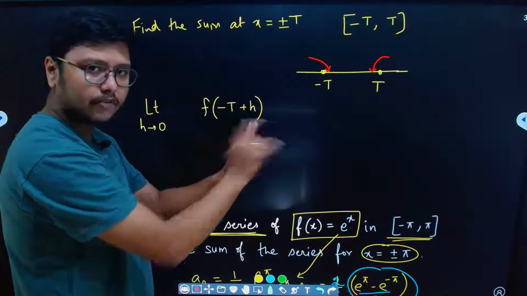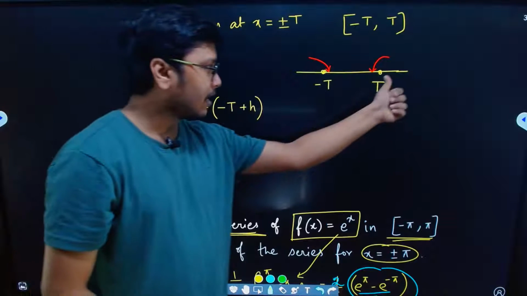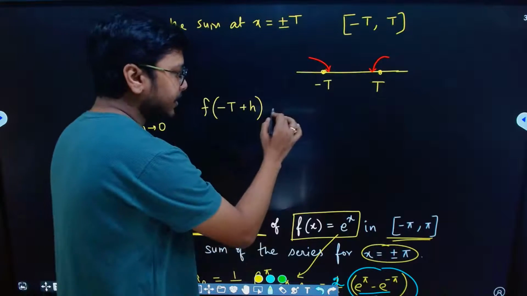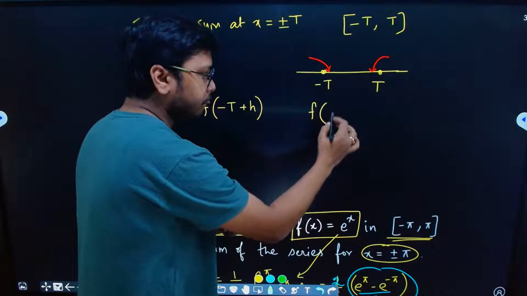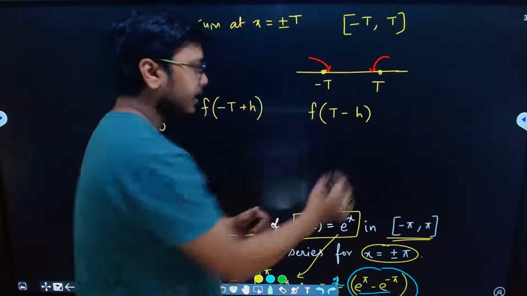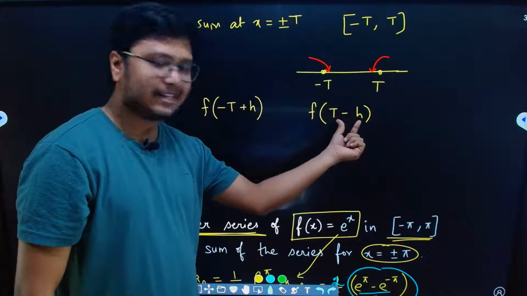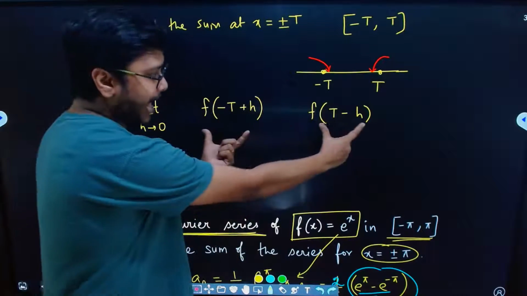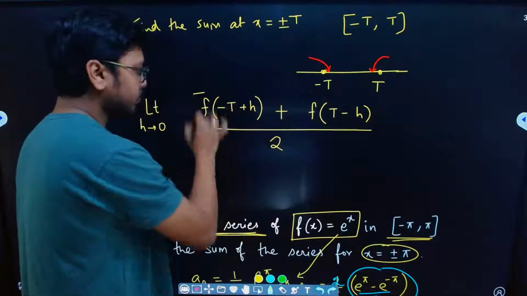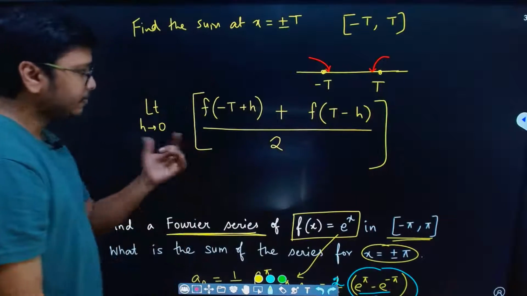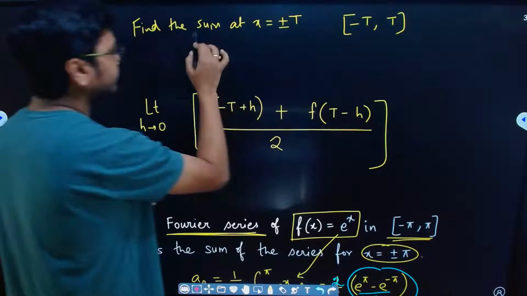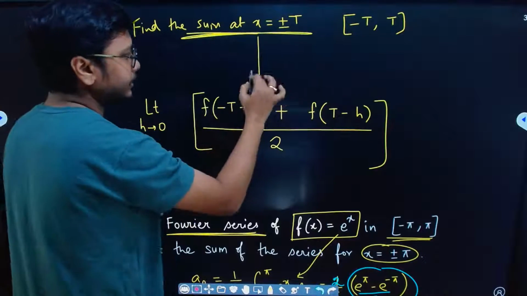Similarly, I want to come just on the left side of t, so that is f of t minus h. I want to take the average of these two, so I add them and divide by 2. Whatever answer this gives is the sum of the series at plus minus t.